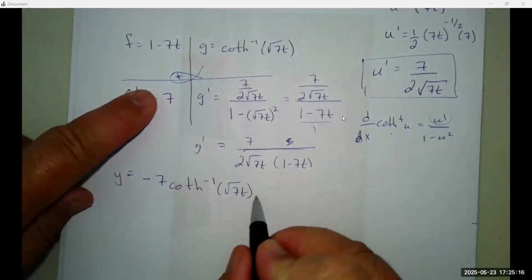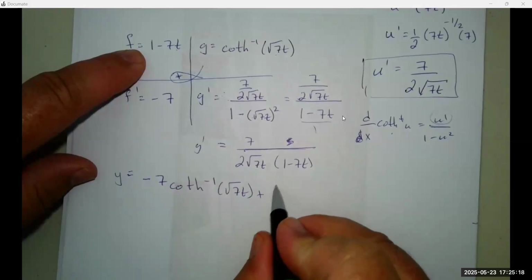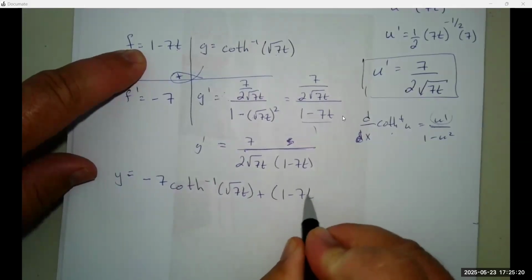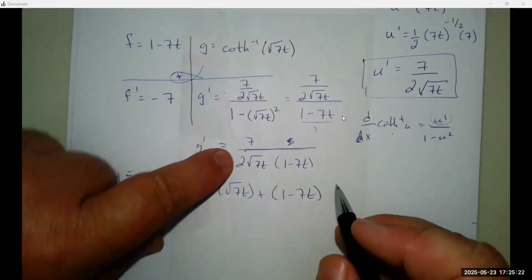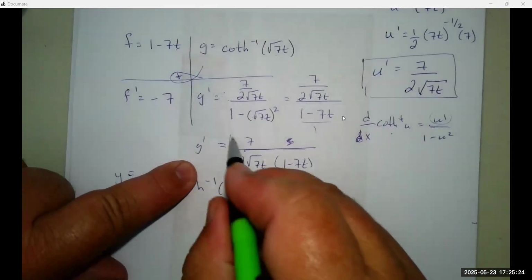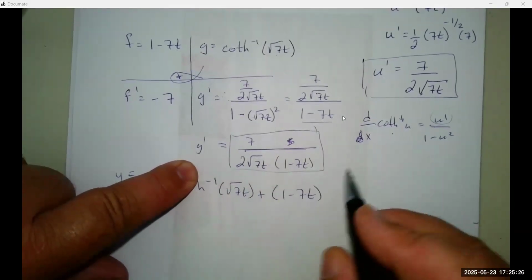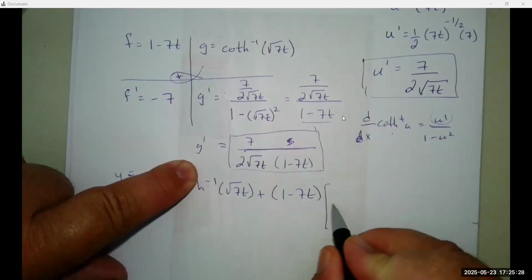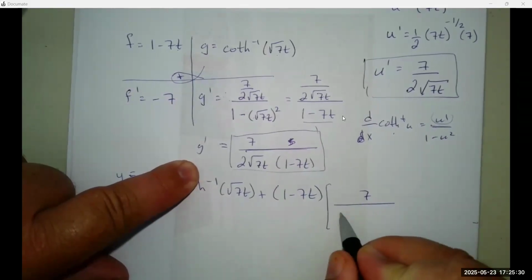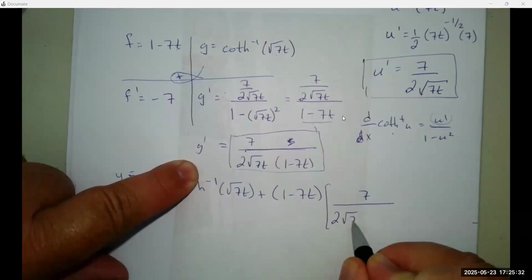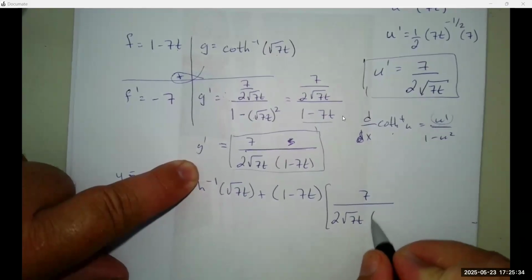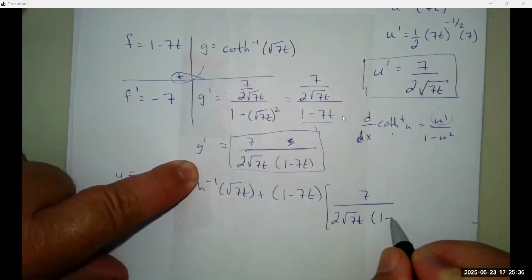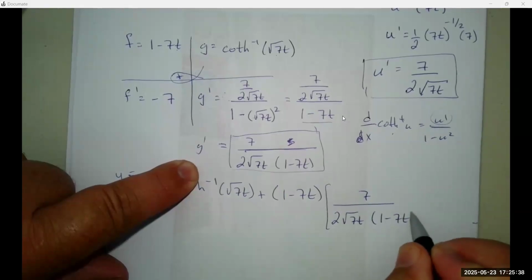That's this times this, plus 1 minus 7t times this equation, times 7 over 2 radical 7t times 1 minus 7t.